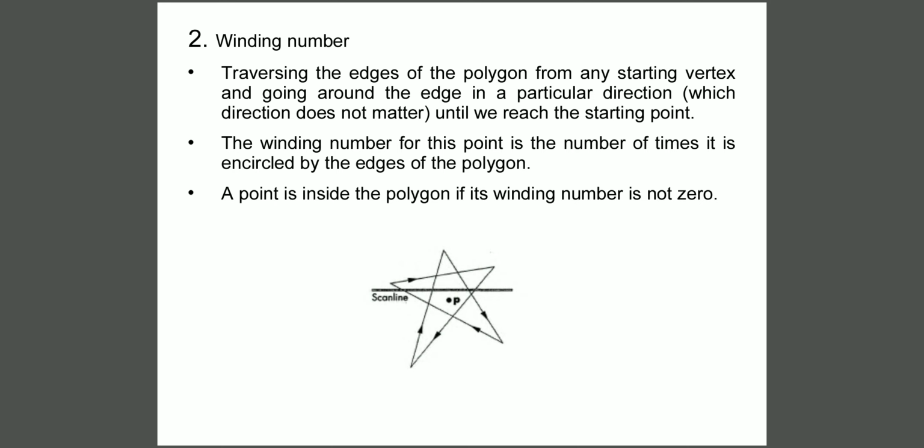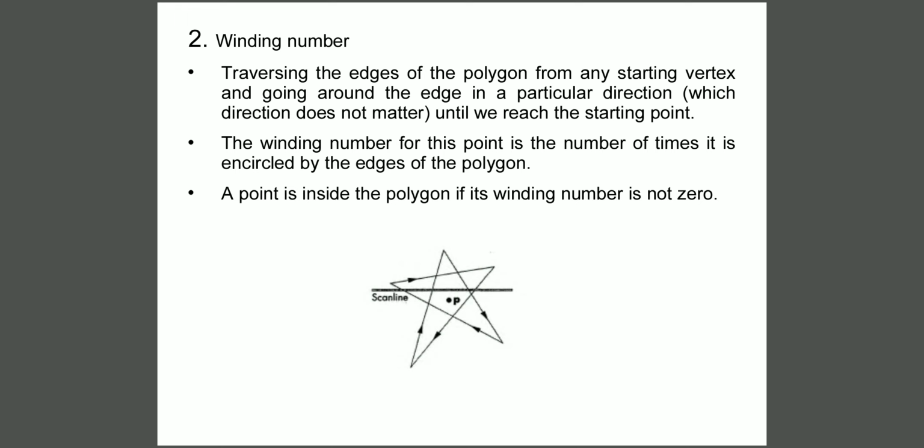In the winding number approach, select any starting point in a polygon and from that starting point traverse all the edges of the polygon in any direction until we reach the same starting point once again. Whenever we traverse the polygon, mark it with some marker so that we can identify that we have traversed in this direction.